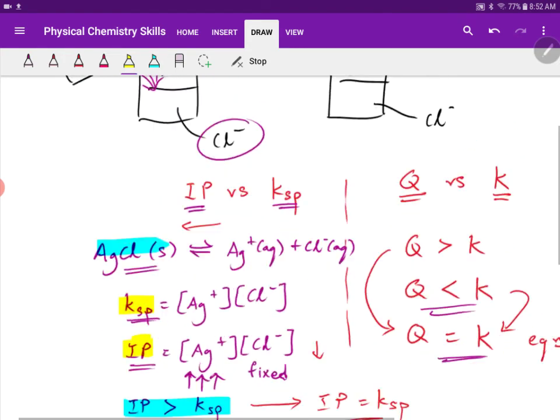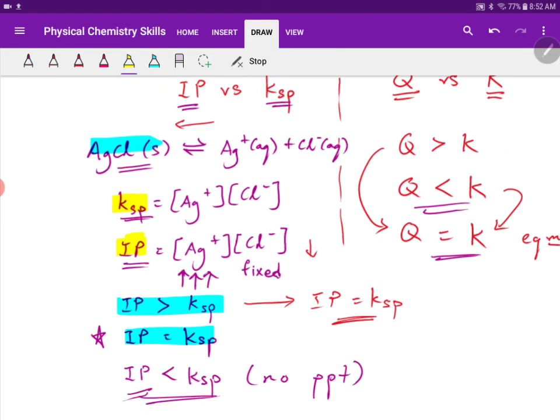But once we cross the IP versus KSP point, when there's precipitation, every bit of Cl minus that's added in, every bit of Ag plus that's added in, some of them will be left in the solution, and some of them will go out as silver chloride, as the PPT.